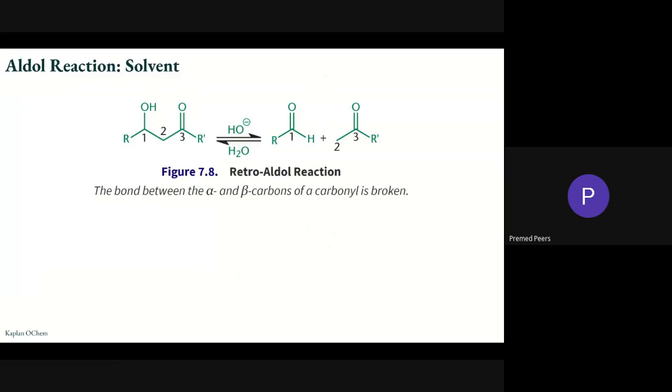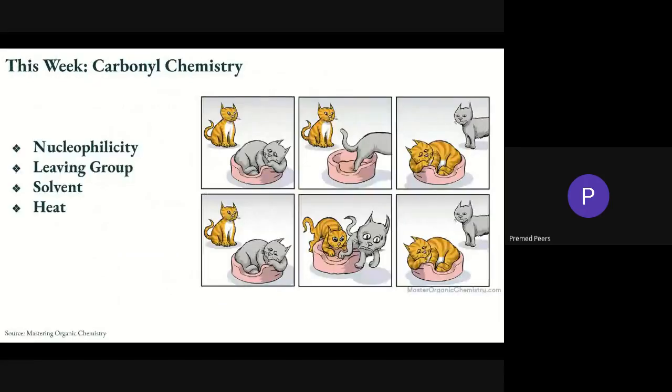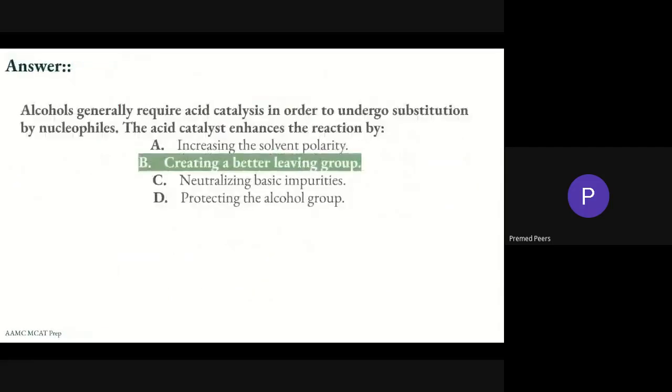One of the key things is really about the solvent. As I started with this slide, all OChem reactions are mostly about these things: the nucleophilicity, leaving group, solvent, and heat.